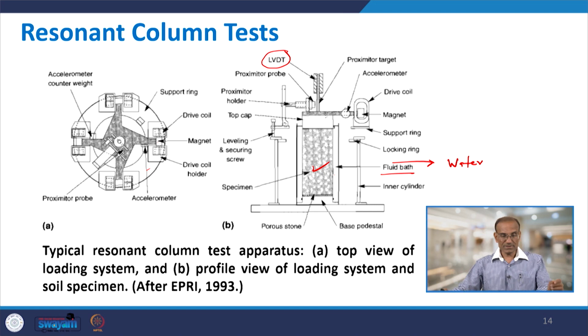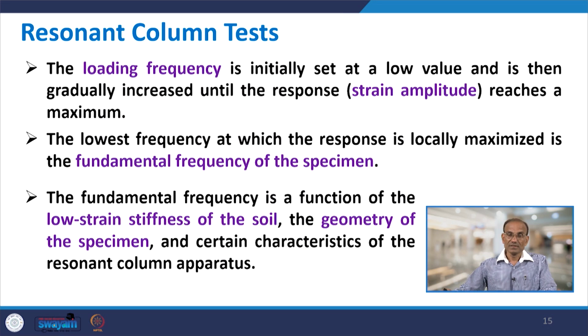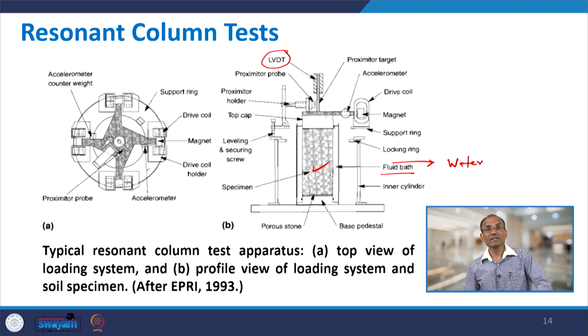Now, coming to how we find the resonant frequency: the loading frequency is initially set at a low value, almost 0, and then gradually increased until the response, the strain amplitude, reaches a maximum value, that is basically the resonant frequency. So, what we do is find the frequency response curve, where you draw a curve with amplitude on the y axis and frequency on the x axis.